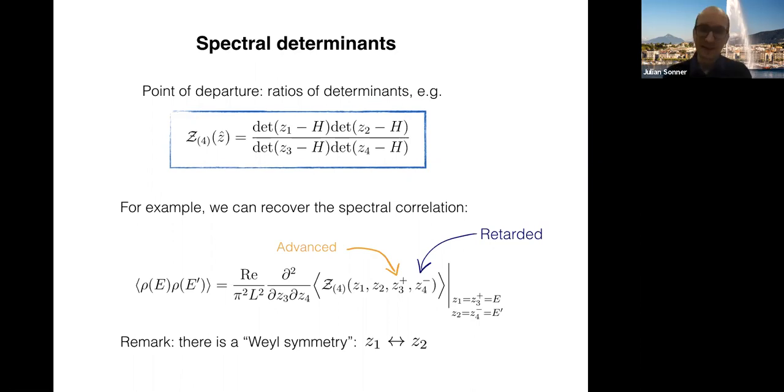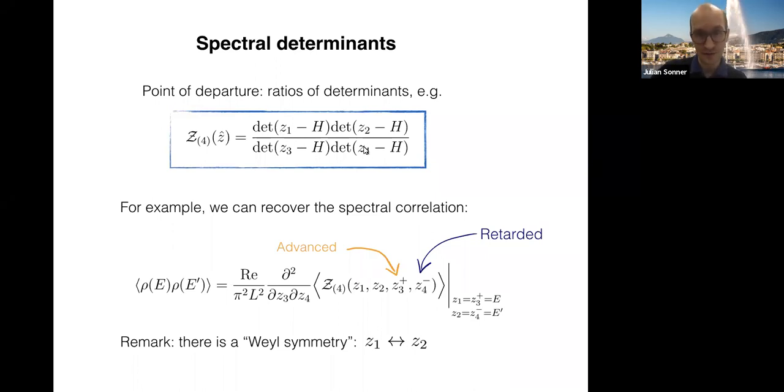So good, but let's try and get a framework that is actually able to get such results, but which are non-perturbative in these parameters, and doubly non-perturbative even. So let me try it. The point of departure is this ratio of spectral determinants. And what is the meaning of this? Well, H is the Hamiltonian of our system, and we think of Z as being some kind of energy.